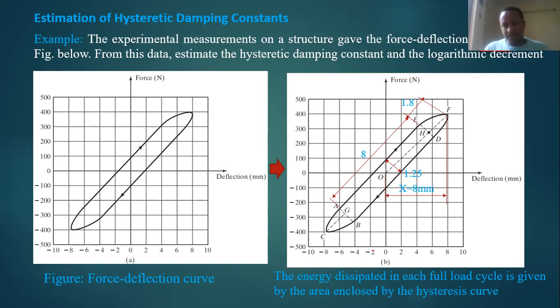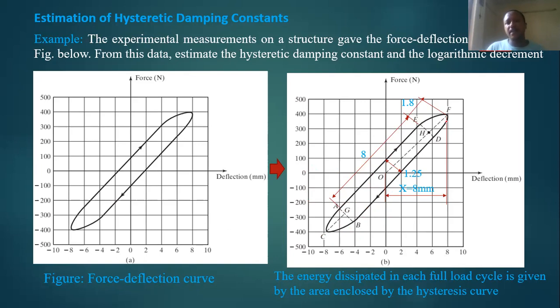Now, based on the scales given here, we can divide this section into three important sections. A rectangular section, and there we consider simply a triangular section, even though it is not exactly a triangle. Let's consider this length as 1.8, this length as 8, by counting with respect to the rectangles here.